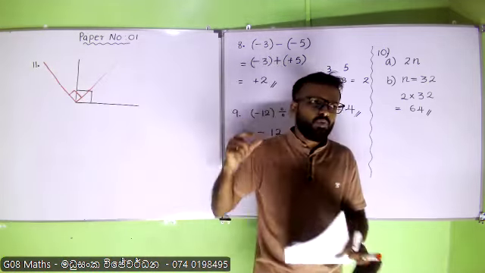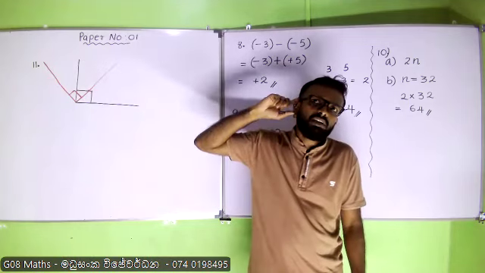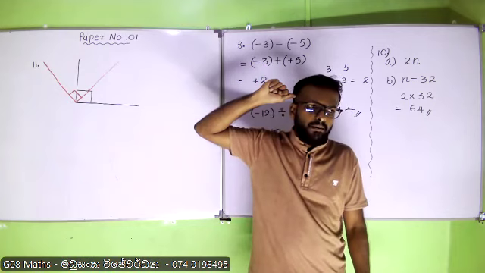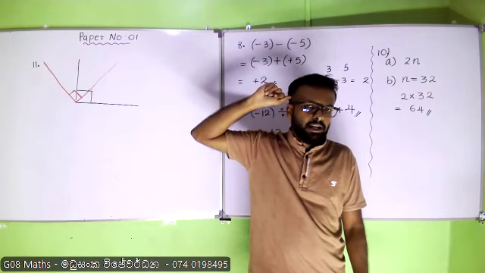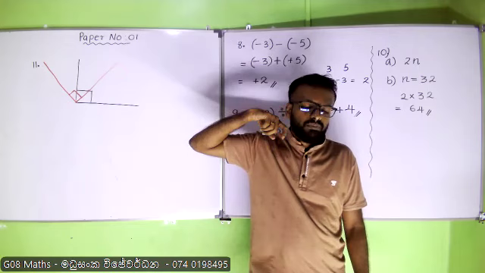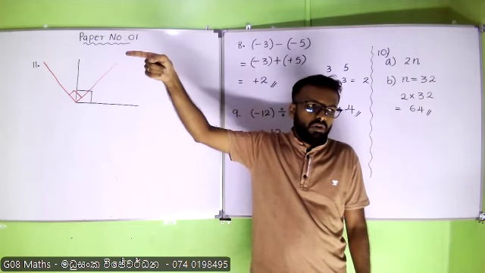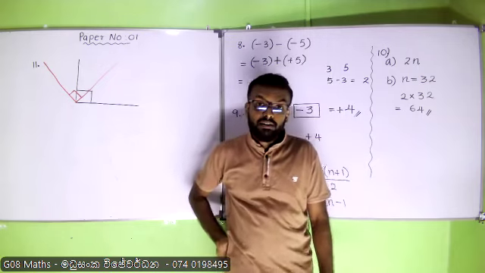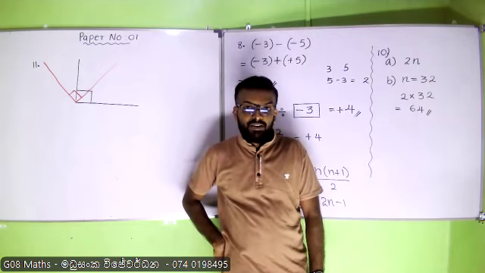Supplementary means, if you hear the word supplementary, what is the number you need to remember? Can anyone tell me? What is the angle? What is the magnitude? Supplementary, 90? No, not 90, 180.